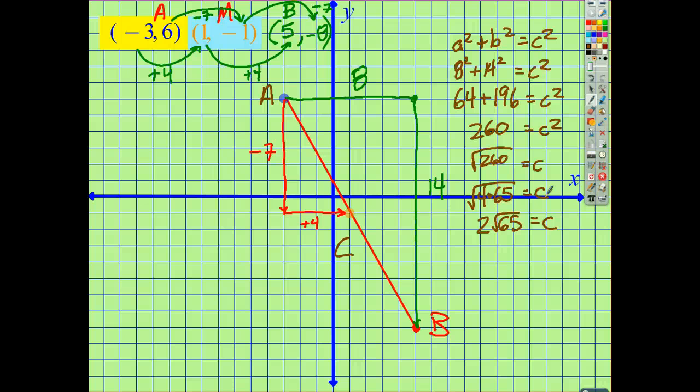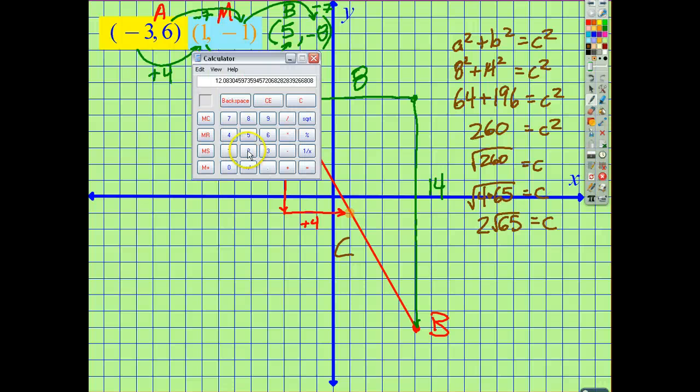Yeah, this looks good. And if we wanted to do this one, we'll pull up the calculator here and we'll do 2 times the square root of 65. Let's clear everything.